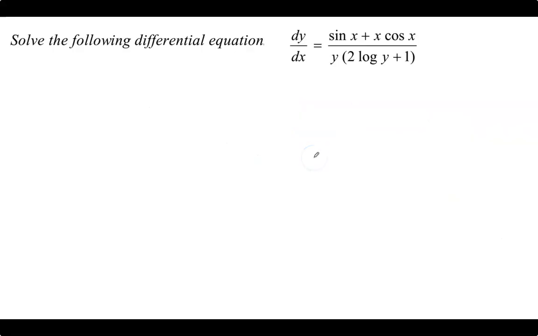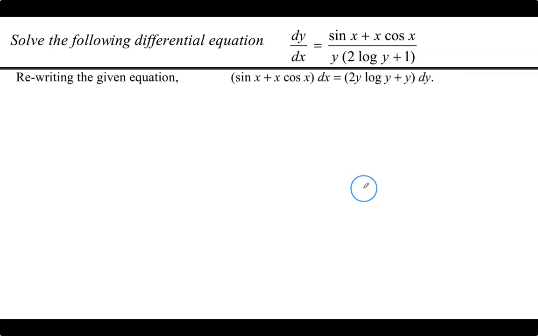Let us consider another differential equation, dy by dx equal to sin x plus x cos x upon y into 2 log y plus 1. To separate the variables, you can observe that on the RHS, the numerator is a function of x alone and the denominator is a function of y alone.